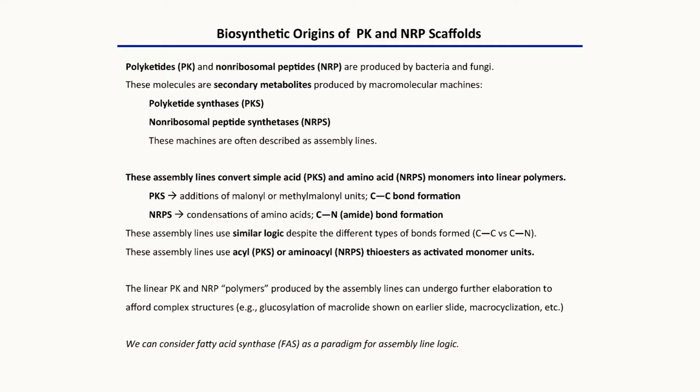Getting the logic sorted out initially makes life much easier down the road. So take some time to look over the depictions in the notes outside of class as we go forward. These assembly lines use acyl or aminoacyl thioesters as the activated monomer units.